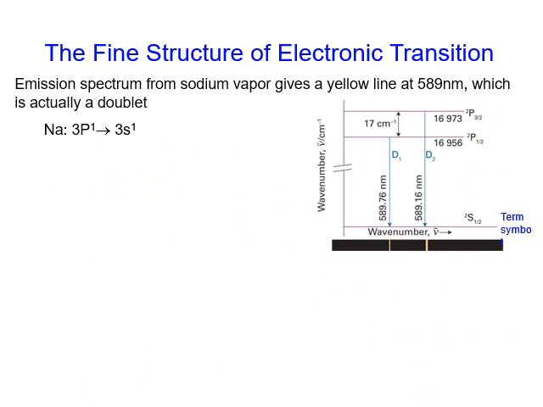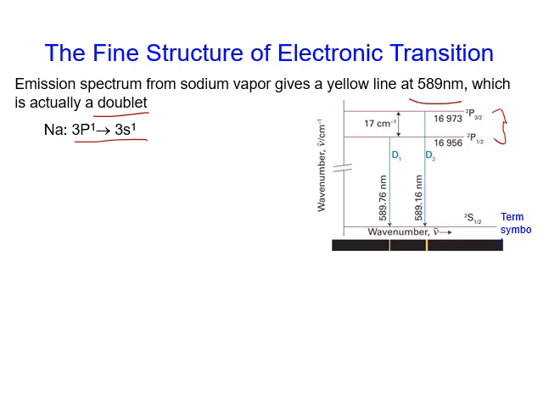The emission spectrum from sodium vapor gives a yellow line at 589 nanometers. If you look very closely, this line is actually a doublet. The two lines are very close to each other. Let's explain why this happens. This emission line is due to the electronic transition from the excited state 3p orbital to the ground state 3s orbital.